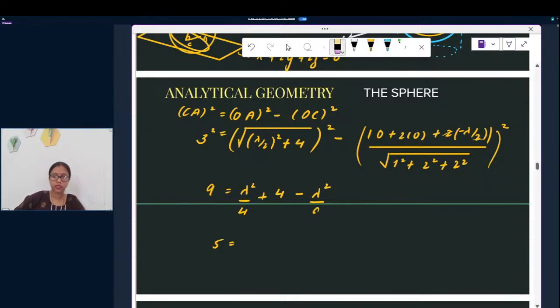Yes, this is 9. That is the square, so it cancelled. Yes, now it's good. So it is lambda square by 4 plus 4 minus 5, and 5 and 5 cancel. Lambda is 6. Lambda is plus minus 6.